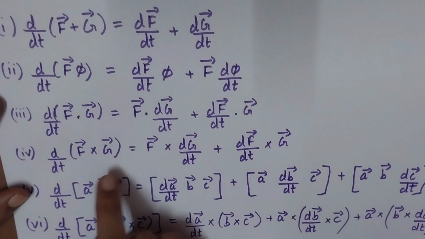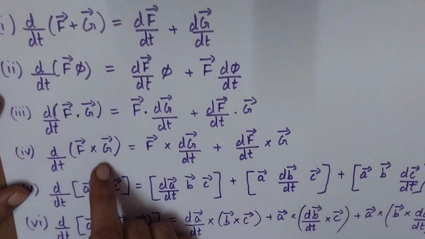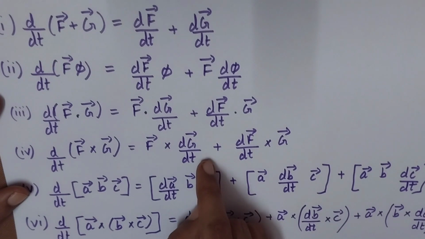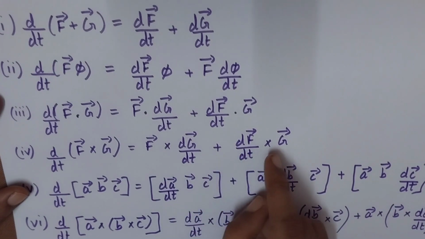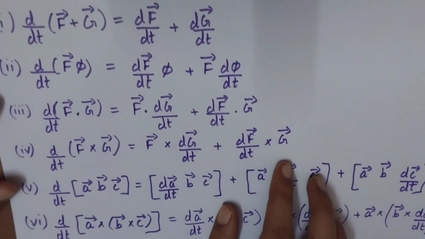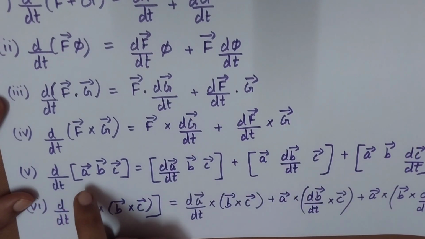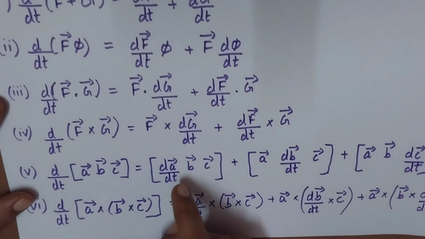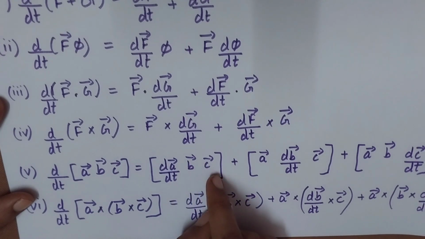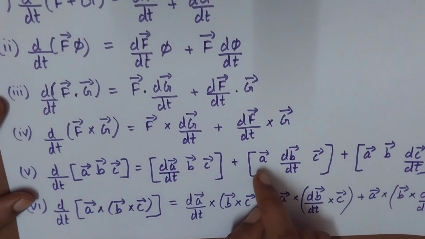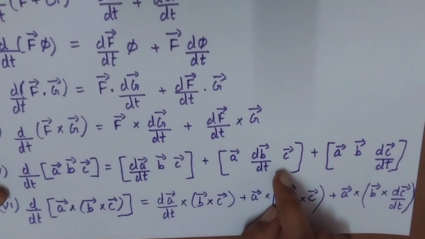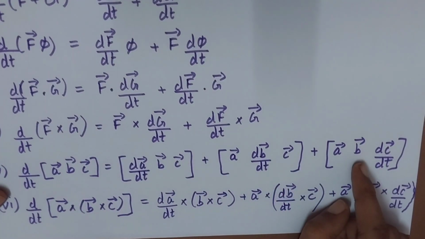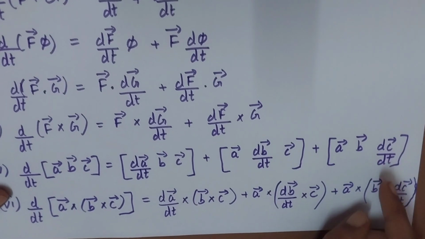Now fourth formula is d by dt of f vector cross g vector equals f vector cross dg vector by dt plus df vector by dt cross g vector. Fifth formula is d by dt of box ABC equals box of dA vector by dt, b vector, c vector, plus box of A vector, dB vector by dt, c vector, plus box of A vector, b vector, dc vector by dt.